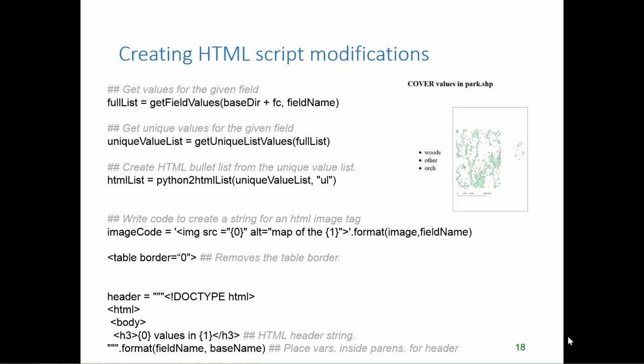Then you could set up the alt as "map of the", and in this case it would be cover, so filling in the file name in that second position. Now, to remove the table borders, you could have either set the existing attribute to 0 or just taken this attribute out entirely, so it would be table with angle braces around it. Finally, to set up the header, you needed to use the H3 string.